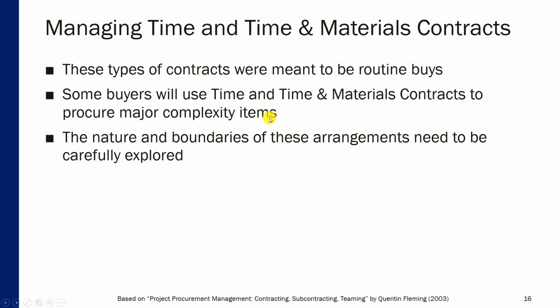The issue here is boundaries, because a major complexity procurement can potentially take an infinite time or an infinite quantity of materials to be completed. So the nature and boundaries of these arrangements need to be carefully explored and specified in order to avoid potential problems when time and materials become like a bottomless pit when something complex is delivered by a seller.